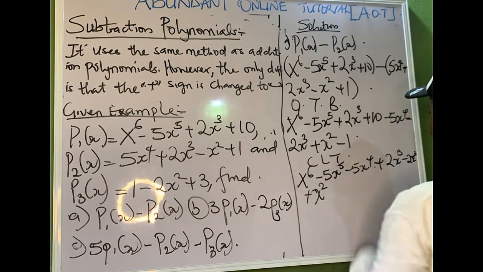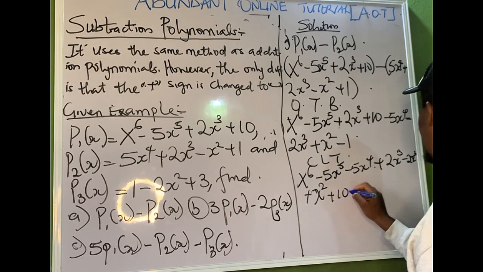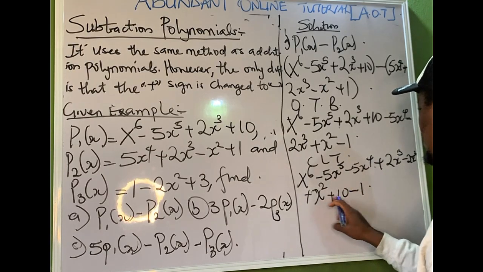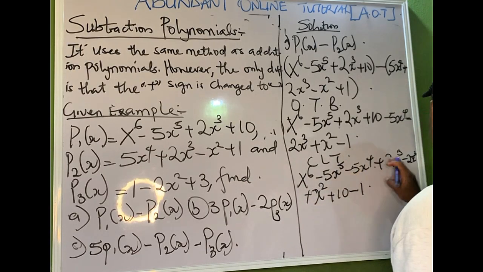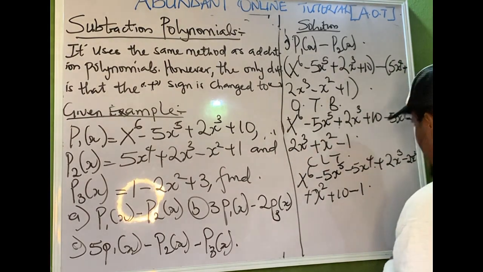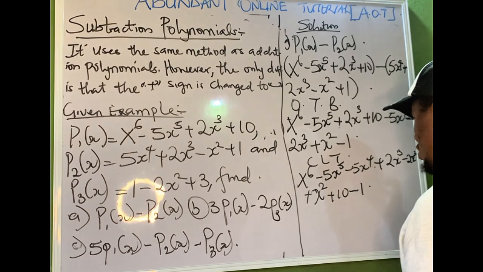Let's look for our constants now: plus 10 and minus 1. So 1 2 3 4 5 6 7 8, and 1 2 3 4 5 6 7 8. That tells us it is complete.